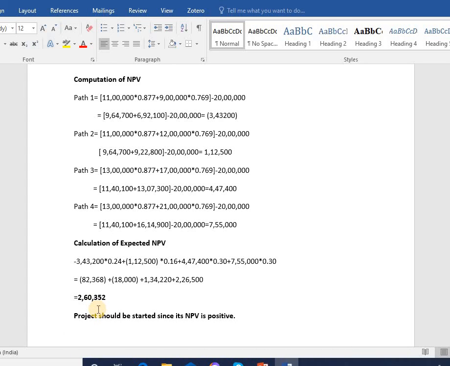What we did here: we took the two values 11 lakh and 13 lakh, and based on those, the future events, then the joint probabilities. First we discounted each branch and got the NPVs, then multiplied those NPVs with the joint probabilities to get the final NPV. The NPV is positive, so we need to accept the project.